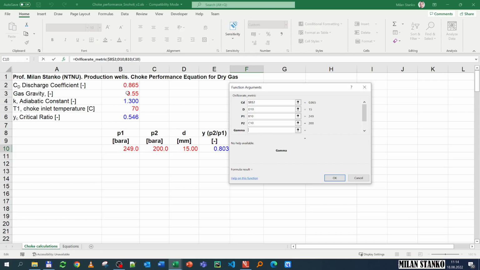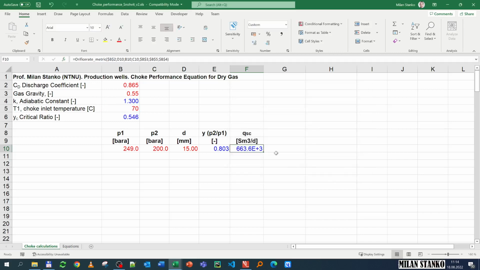Specific gravity of the gas is here, that I block. Temperature 1 is here, that I block, and the K is here, and also I block. So you see that the rate is 66,300, or 63,000.